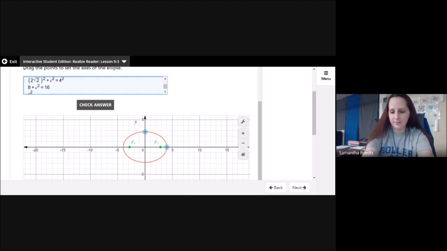Well, c squared is 16 minus 8, which is 8. So c equals the square root of 8. That means c equals 2 square root of 2. So that means my foci points are (2 square root 2, 0) and (-2 square root 2, 0).